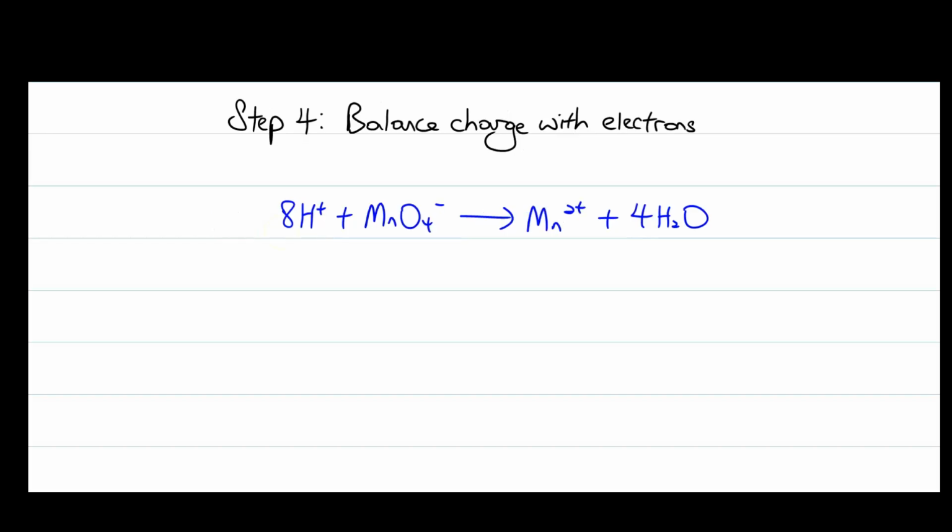The left side has an overall charge of +7 because +8 plus -1 equals +7. The right side has an overall charge of +2. To make both sides equal, I add 5 electrons to the left side. That lowers the left side from +7 to +2. Now both the atoms and the charge are balanced.